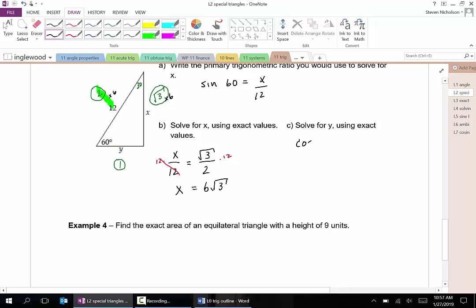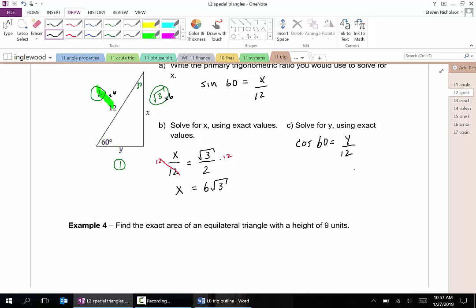then if I were going to solve for y on my calculator, I'd say the cosine of 60 is equal to adjacent over hypotenuse, and I'd multiply both sides by 12, and I'd go 12 times cos 60, hit enter on my calculator, and my calculator would give me the answer. The answer is 6.